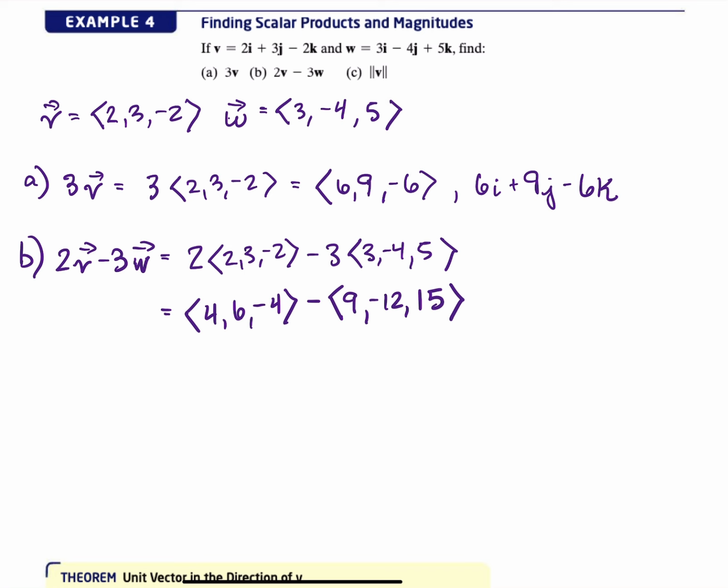So let's do that subtraction. 4 minus 9 will give us negative 5. 6 minus 12, or 6 minus negative 12, that will give us 6 plus 12, so we'll get 18. And then negative 4 minus 15 will give us negative 19. So our vector would be negative 5i plus 18j minus 19k.